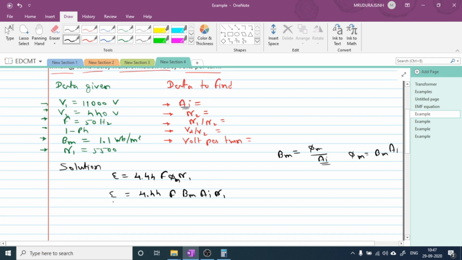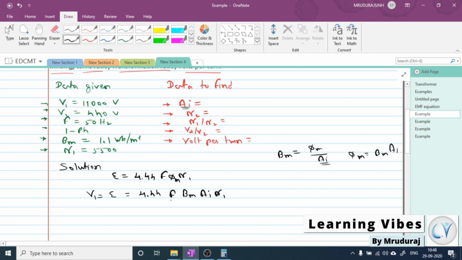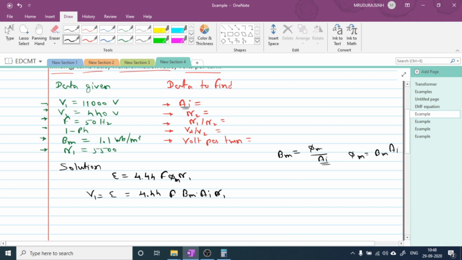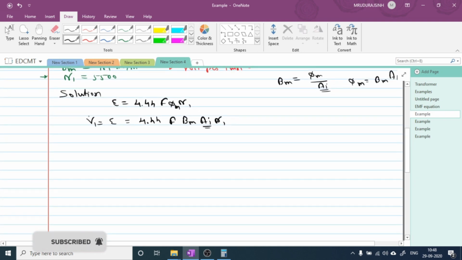Instead of E, if we write V1, the equation for V1 will become this. Now let's place the values and find Ai, the cross sectional area.